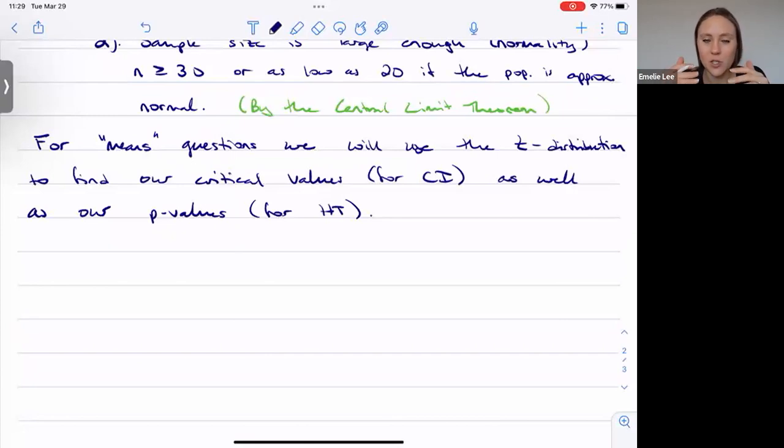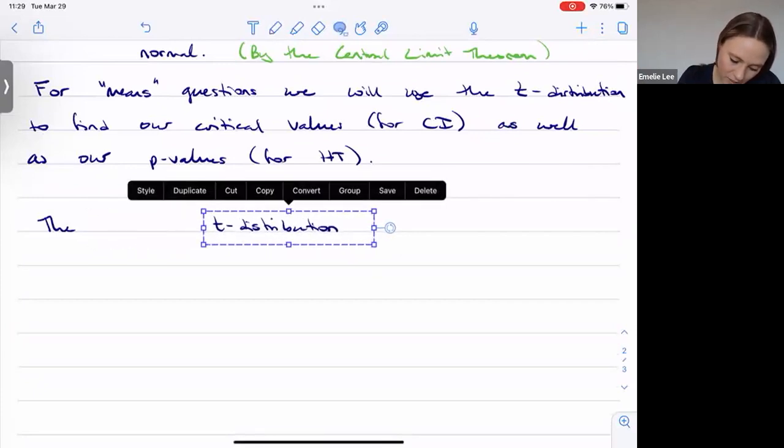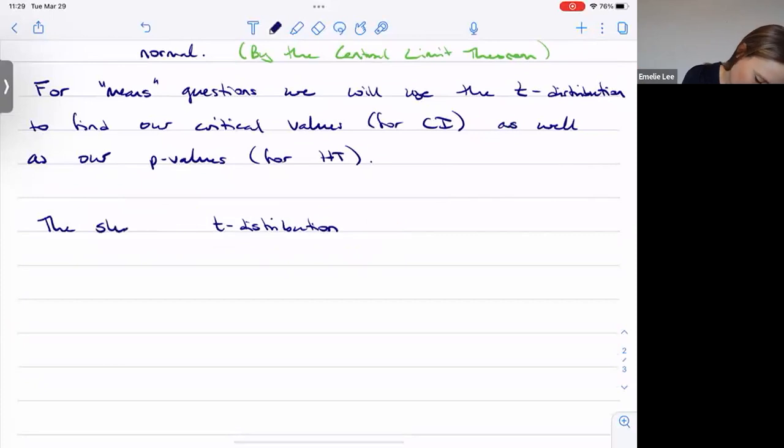And the t-distribution is another distribution that relies on degrees of freedom. So the shape of the t-distribution depends on the degrees of freedom.